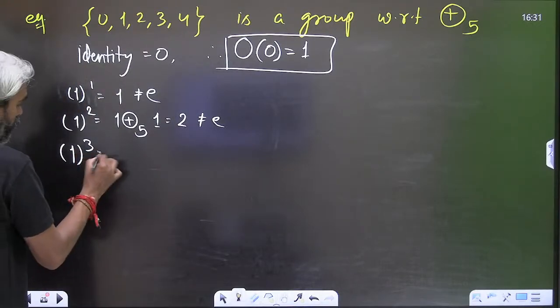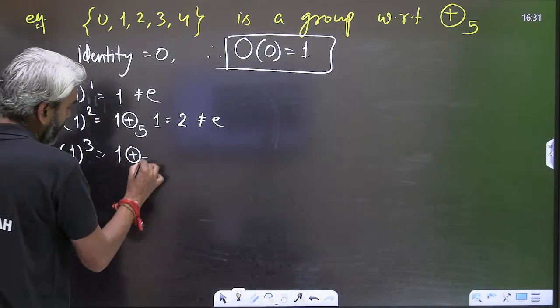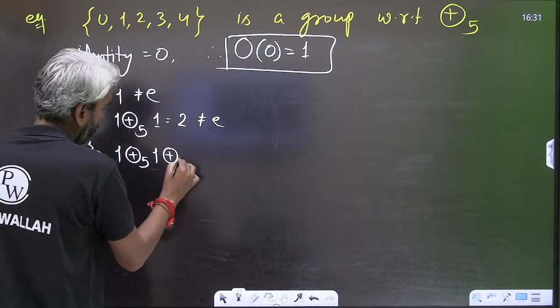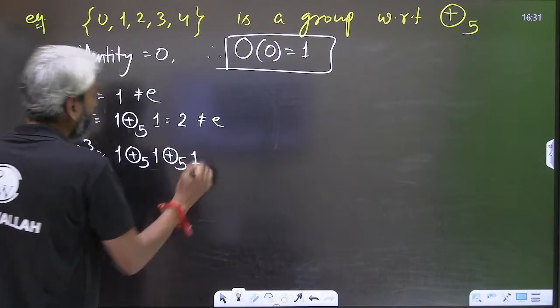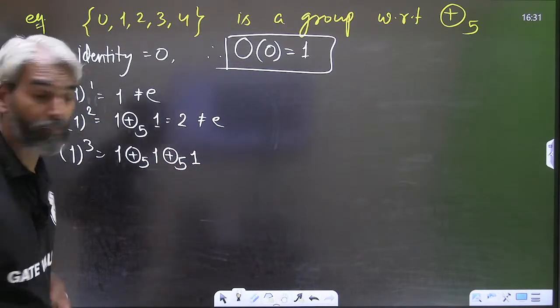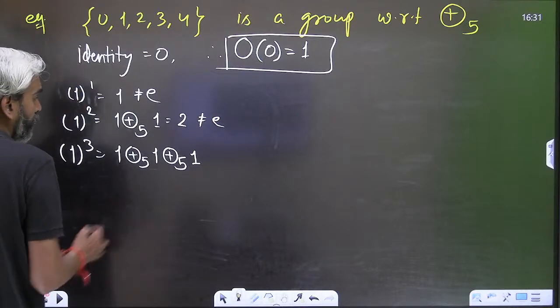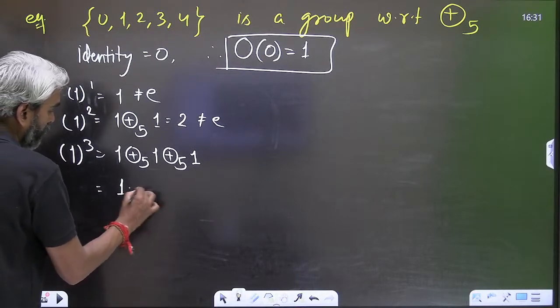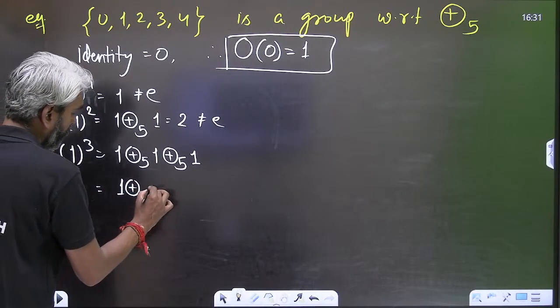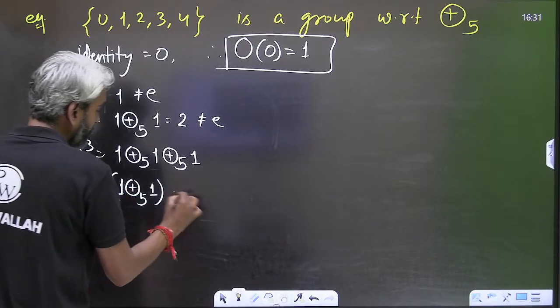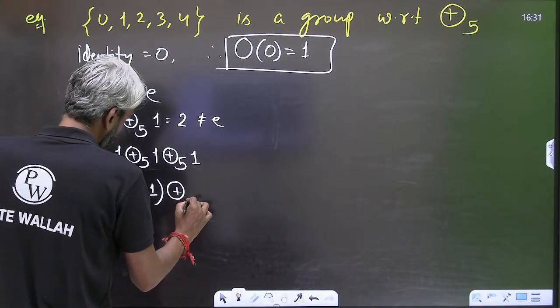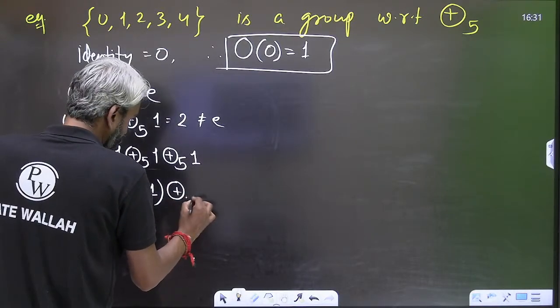Now please look at this. Sir, what is 1 cube? 1 cube can be written as 1 addition modulo 5 with 1 addition modulo 5 with 1. Now we know the operation is associative, therefore we can perform the operation in any order. So we can first perform 1 addition modulo 5 with 1, and then evaluate the result with 1.